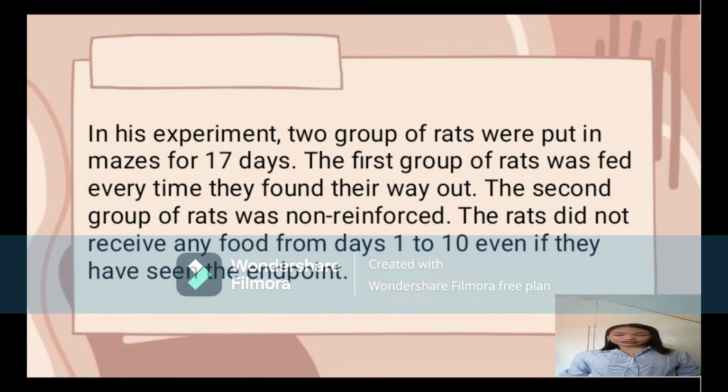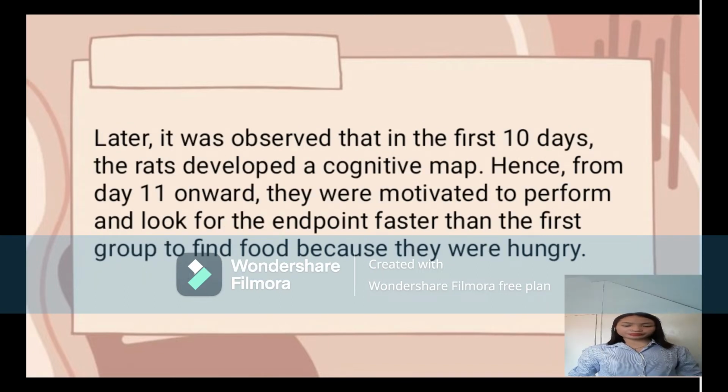The rats did not receive any food from days 1 to 10, even if they had seen the endpoint. Later, it was observed that in the first 10 days, the rats developed a cognitive map. Hence, from day 11 onward, they were motivated to perform and look for the endpoint faster than the first group to find food because they were hungry.